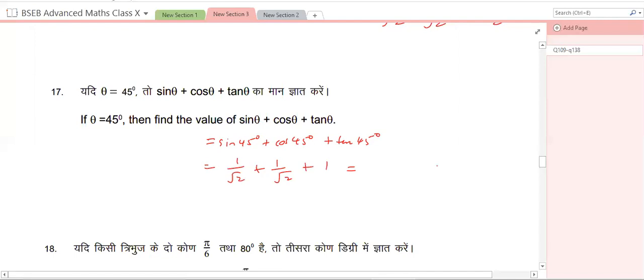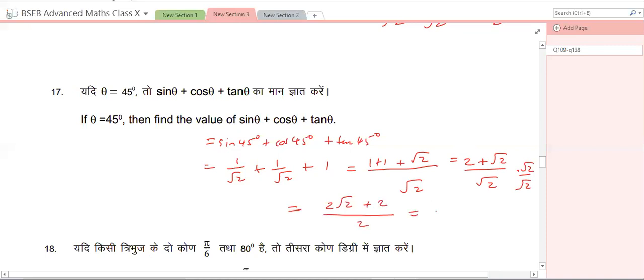To simplify, you can say that is 1 plus 1 plus root 2, which is 2 plus square root of 2 over root 2, which is equal to multiplying the top by root 2 over root 2, getting 2 root 2 plus 2 divided by 2.